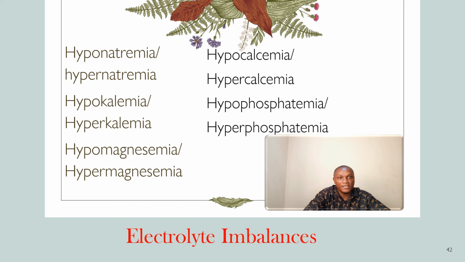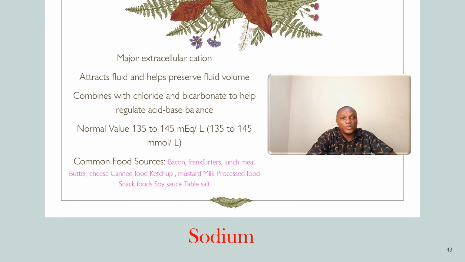Hypomagnesemia, low magnesium. Hypermagnesemia, high magnesium levels. Hypocalcemia, that is low calcium levels, and hypercalcemia, high calcium levels. Hypophosphatemia, low phosphates, and hyperphosphatemia, high phosphate levels. So let us start with sodium.